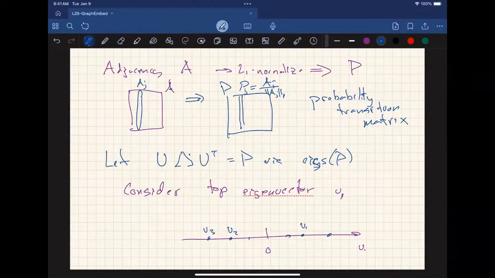So this U1 is U1,1, U1,2 up to U1,n. And this value U1,1 is the value of V1 on this line. Okay, U1,2: the first eigenvector U1, the second value in this coordinate, that's going to be the embedding of the second vertex here. Okay, so what is this telling me if I embed them this way?